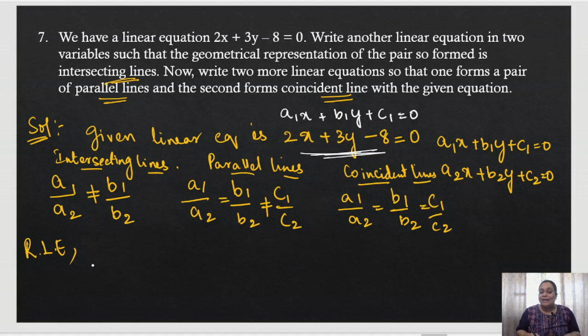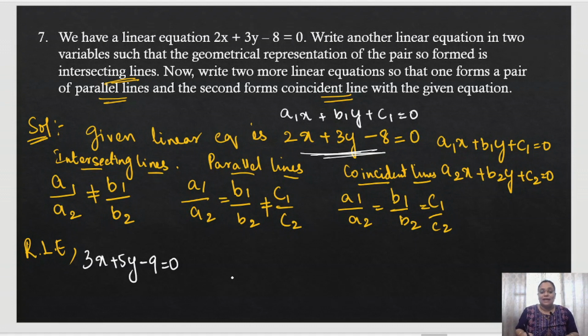Okay. So you can take the second equation as 3x plus 5y minus 9 is equal to 0. Okay. So if you find the ratios for this, you will get 2 by 3 is not equal to 3 by 5. Okay. So it is satisfying the condition for the intersecting lines.